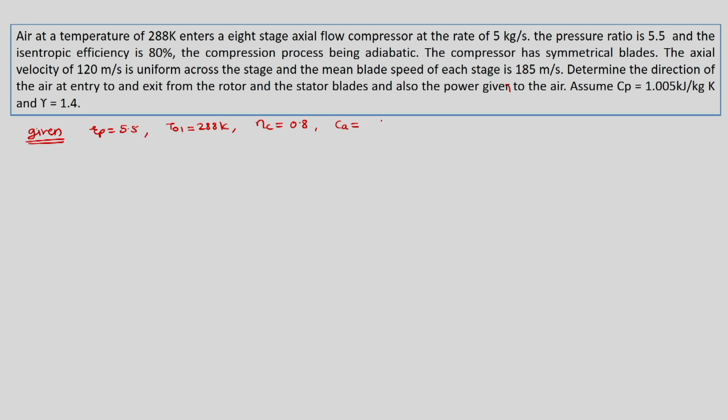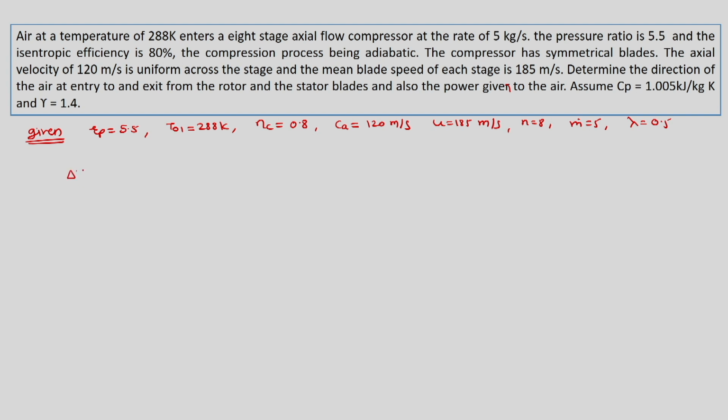It is told that Ca is 120 meter per second and U is 185 meter per second. Number of stages are 8, mass flow rate is 5 and degree of reaction is 0.5.